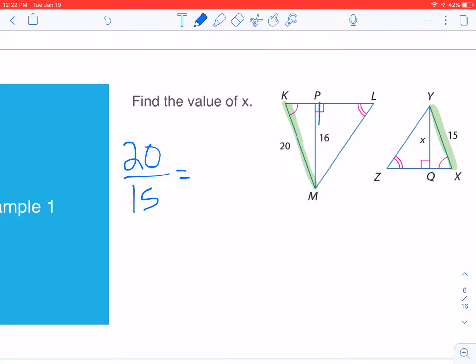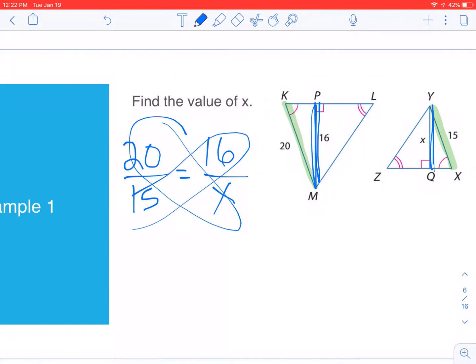My second ratio is going to be my altitudes. Since I started with 20 on the first one, I have to start with 16 on the second one, and then I get 16 over x. So now we just do our cross multiply. I get 20x equals, I got to do 15 times 16.